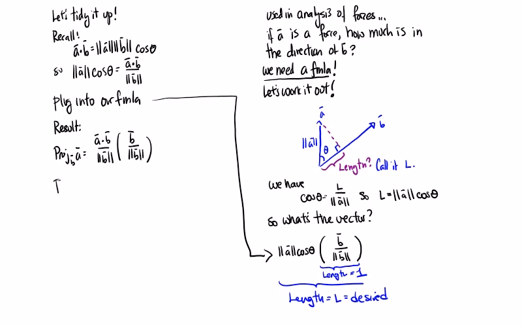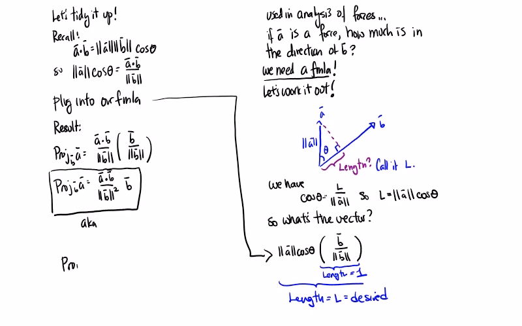So this can be tidied up. Keep in mind, out of all of these things, everything's a scalar except for the B vector. The dot product gives us a scalar, the magnitude of B is a scalar. So when all this is tidied up, this is what we get. Typically written this way. Now, I'm going to put a box around this, and I'm also going to write it a slightly different way.